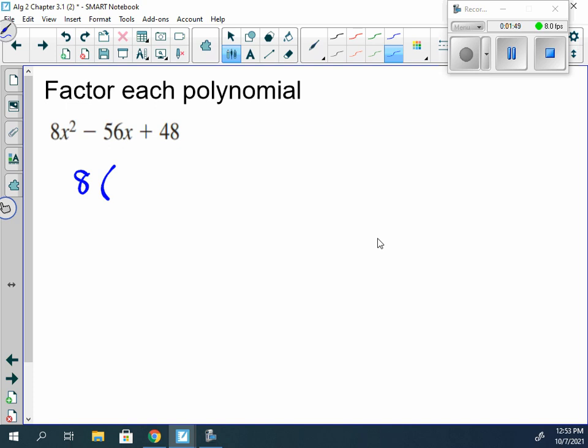So 8x squared divided by 8 would just be x squared. The negative 56 divided by 8 would be negative 7x. And 48 divided by 8 is going to be plus 6. And again, the main thing we're going to do is factor out the greatest common factor first.